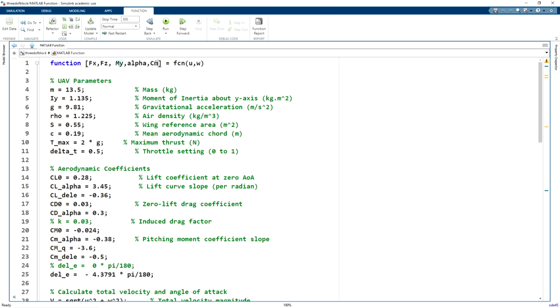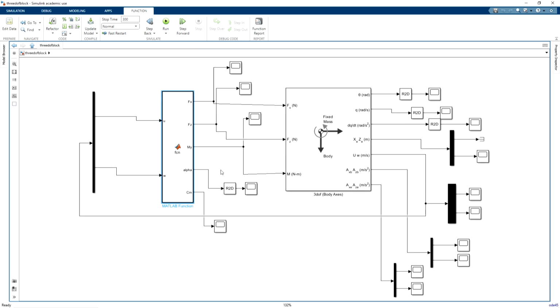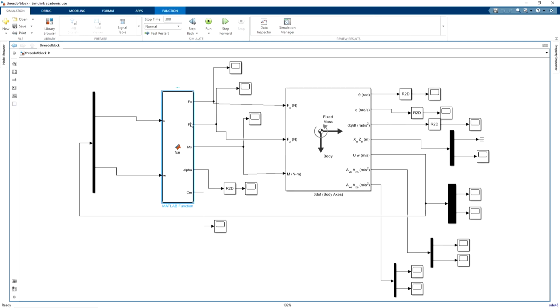The number of outputs that you write over here will directly appear over here: fx, fz, my, alpha and cm. So this signal is going to fx, fz is going to fz, and my is going to the moment m. All right. I hope it is clear. And I've converted radians to degrees and all these to the desired units as we want. All right. Now we are ready to run this code.